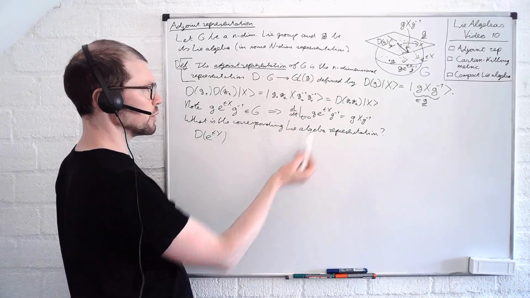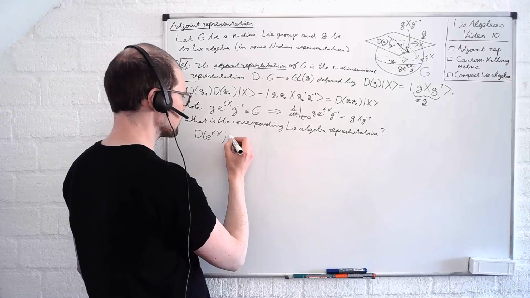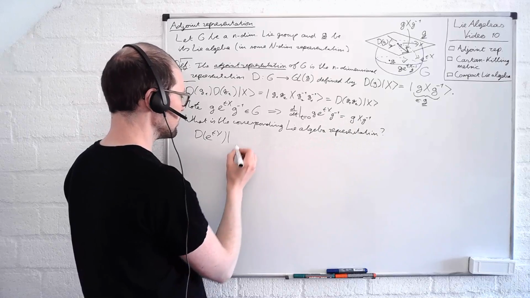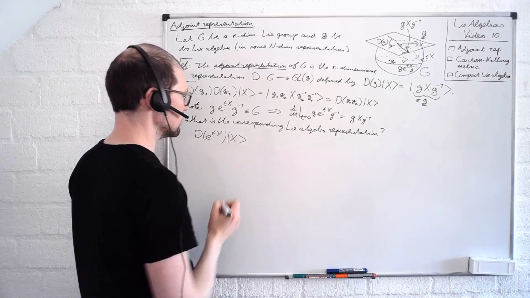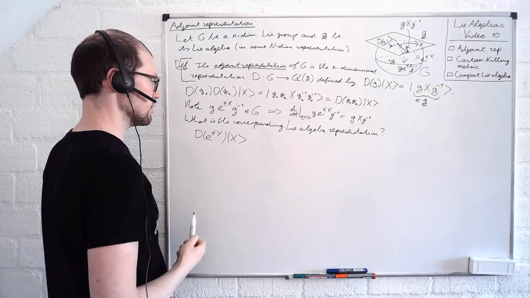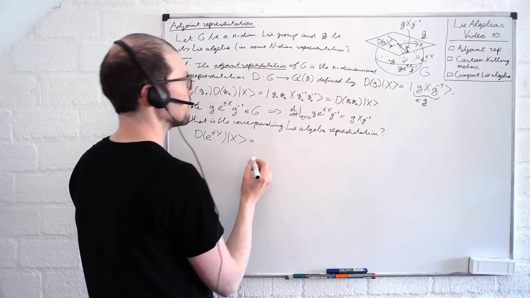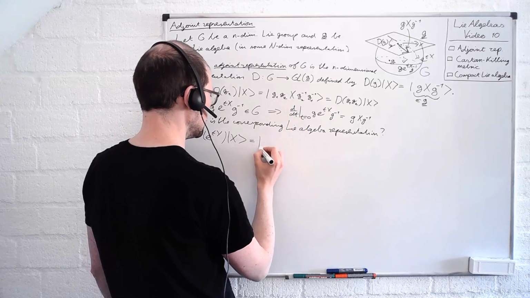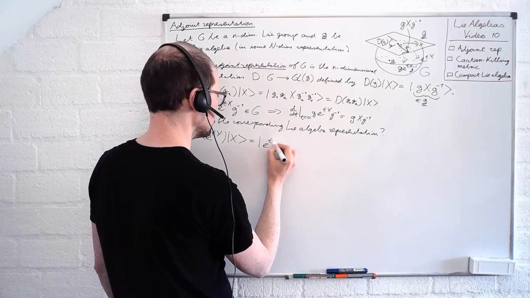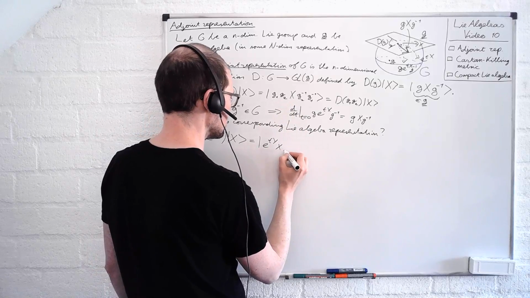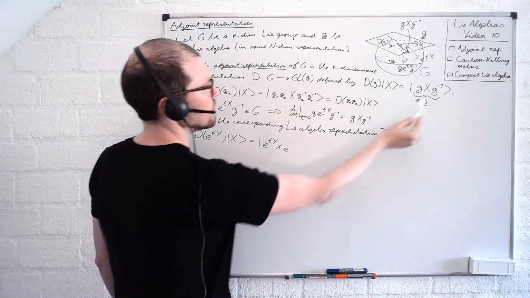Now, given a definition, we can work out exactly what it does. So if I let this act on our state x, then this is going to be the conjugation e to the ty x, and then the inverse.